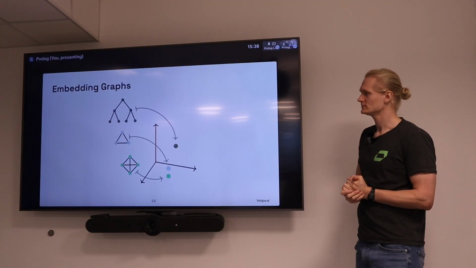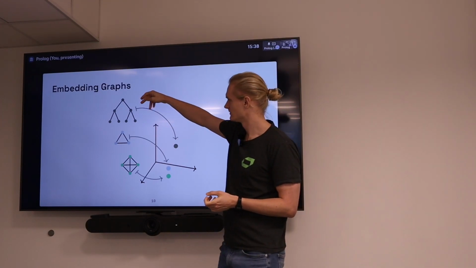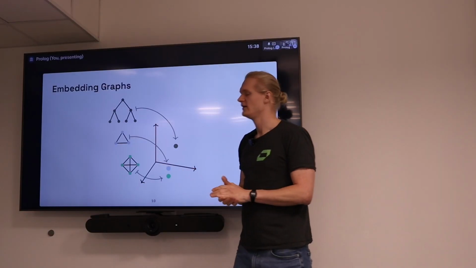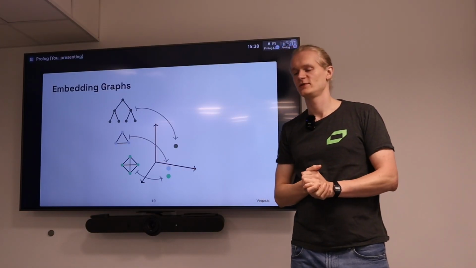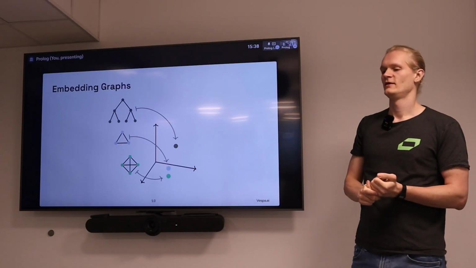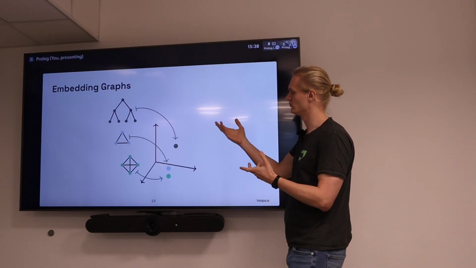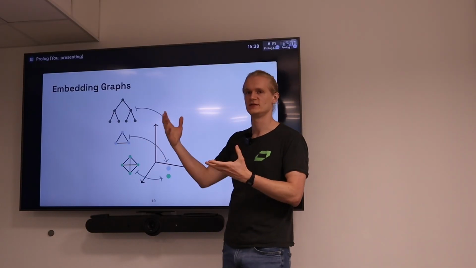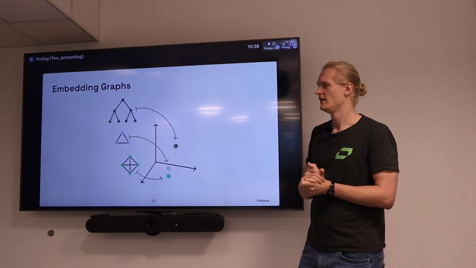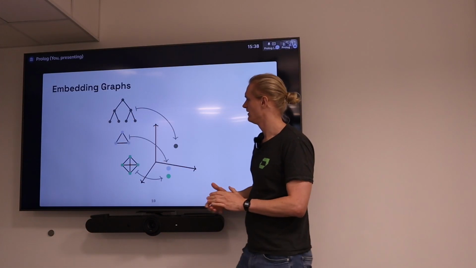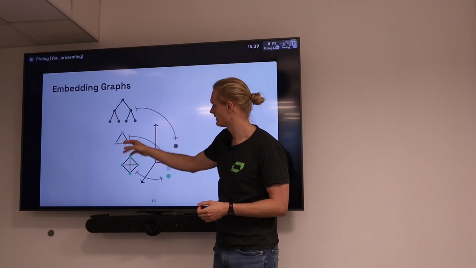So here you see graphs, that is, we have vertices that are connected by edges or not connected. And we could use these graphs, for example, to model molecules. And then we could basically want our embeddings to encode properties of these molecules. And here we have a graph that is a tree, where we have two complete graphs that contain cycles, unlike this tree.